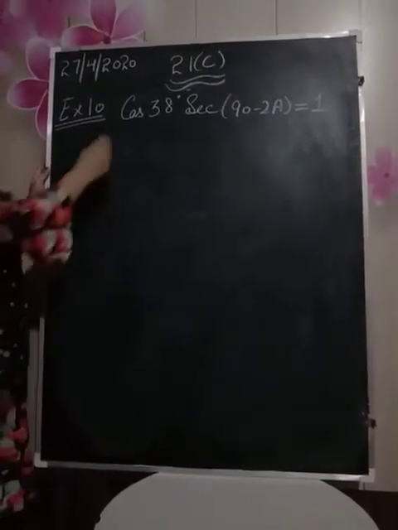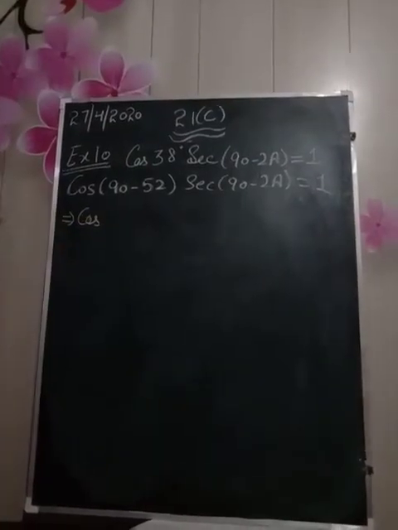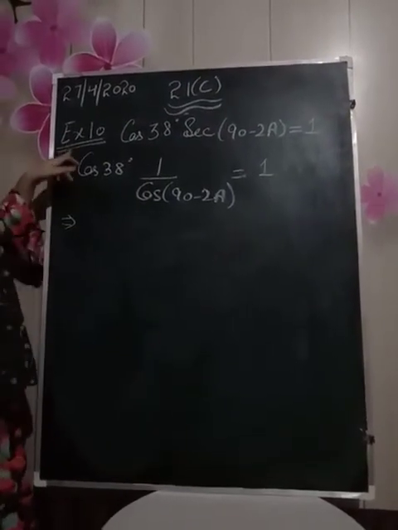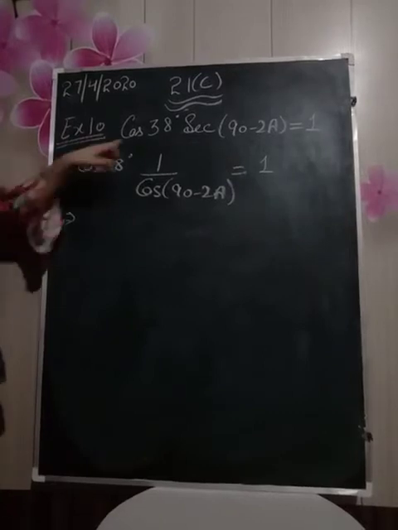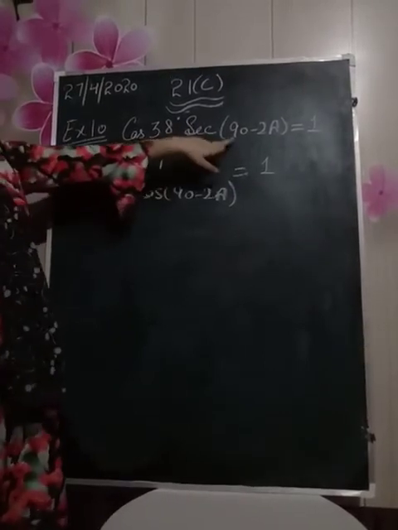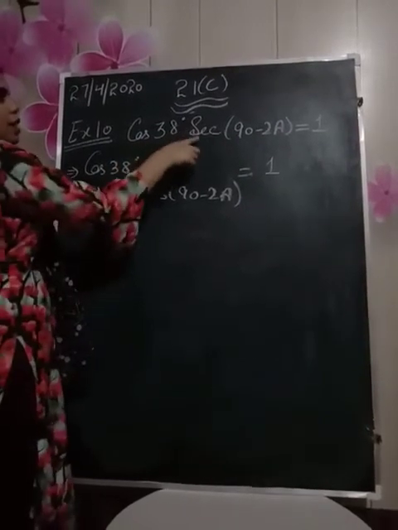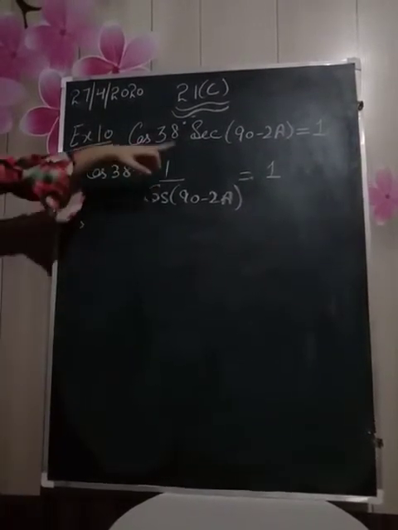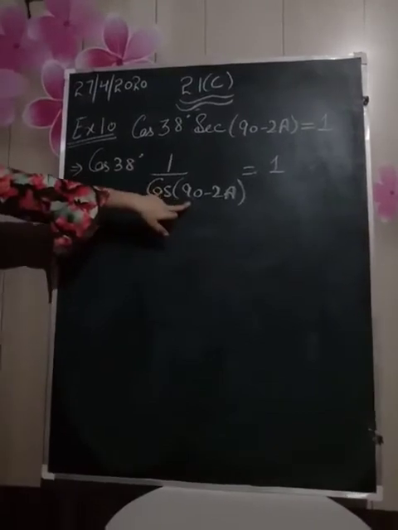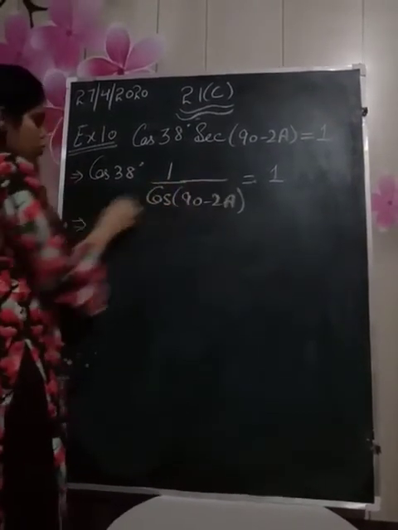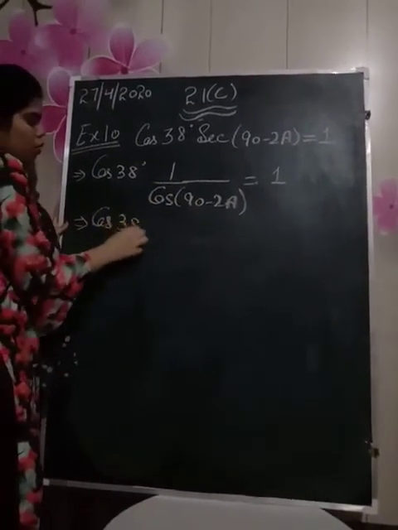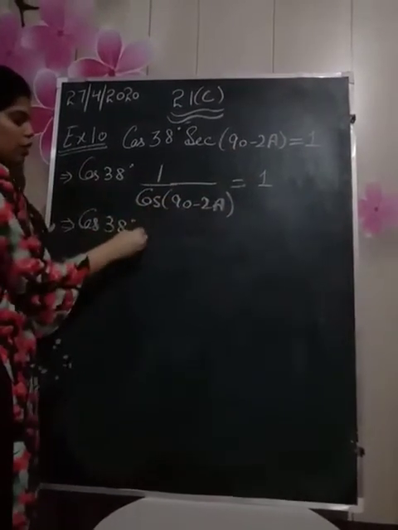Okay students, next we will discuss example number 10, that is cos 38 degree secant 90 minus 2a is equal to 1. Secant is the reciprocal of cos, so instead of this we can write 1 by cos 90 minus 2a is equal to 1. Now by cross multiplying we can take this value on the right hand side.